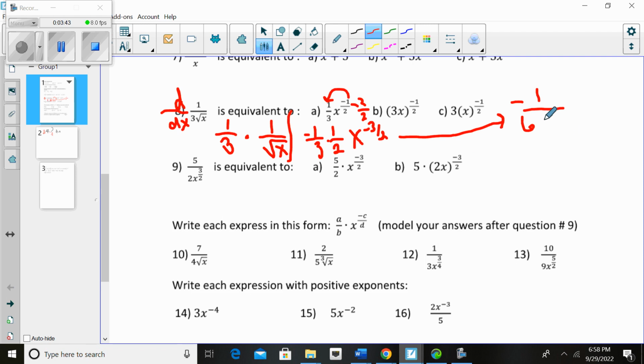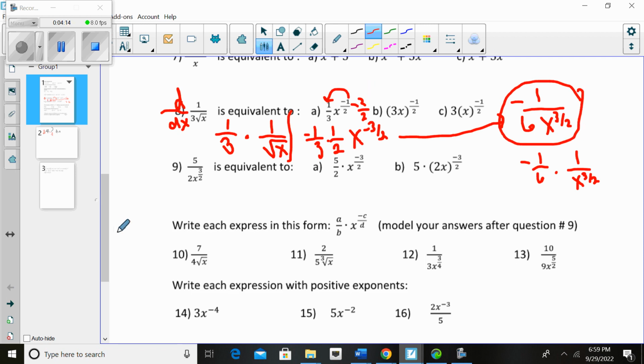We take our negative exponents and we throw them in the basement, and so that becomes x to the 3/2 in the denominator. If you wrote it like this, that's okay, but I'd rather see it as one single expression. So this is my preferred answer.